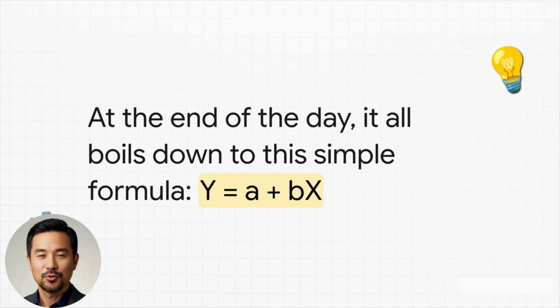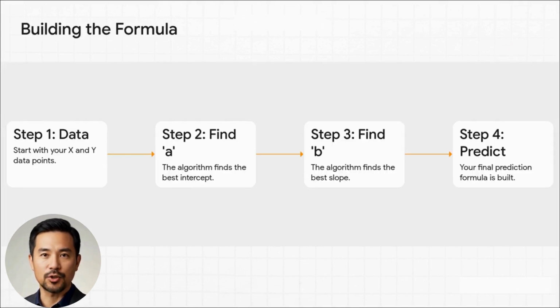The algorithm gives you the exact equation for that best fit line, creating a perfect little prediction machine just for your data. So, the whole process is actually pretty straightforward. You start with your data, your X's and Y's. Then, the algorithm's entire job is to figure out the two magic numbers for that best fit line. It finds the perfect A, which is the intercept. That's just where the line starts. And it finds the perfect B, which is the slope or how steep the line is. Once it's got those two numbers, bam, it builds your final formula.